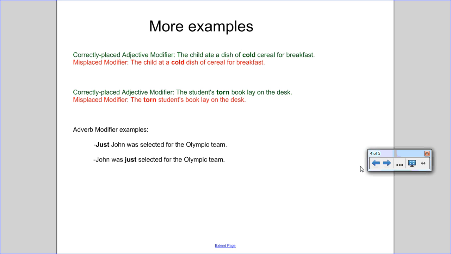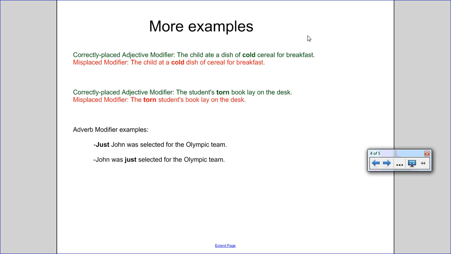Here's some more examples of misplaced modifiers. The first two are examples of adjective modifiers, and then the last example is an adverb modifier. So in the first sentence, the child ate a dish of cold cereal for breakfast. Okay, so the cereal is what is cold. Okay, meaning regular cereal, not like oatmeal or something like that, or cream of wheat.